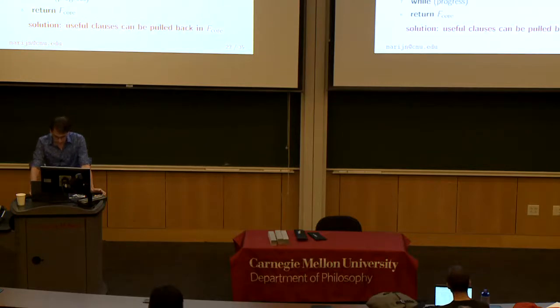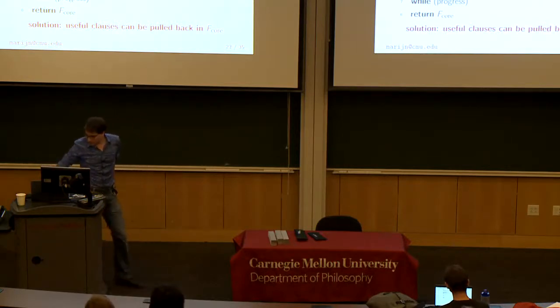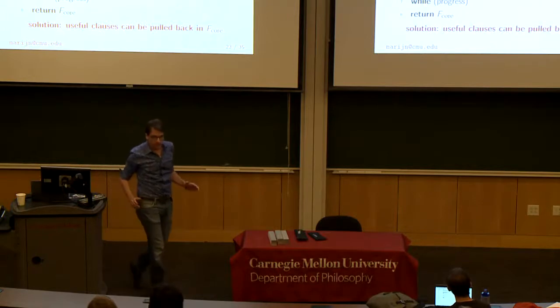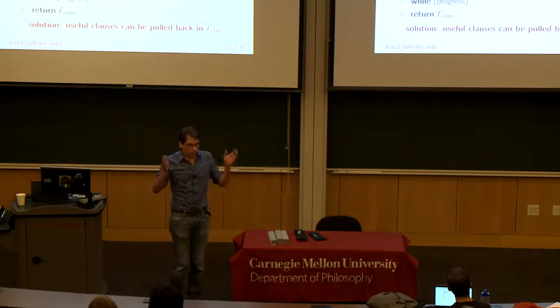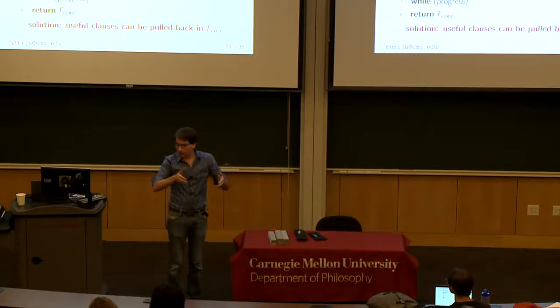And so what you can see is very little difference in the pseudocode. Line 5 is added and line 6 is slightly different than line 5 of the prior algorithm. So what are we going to do? We have our formula, we construct a proof, and we optimize the proof, get a core.